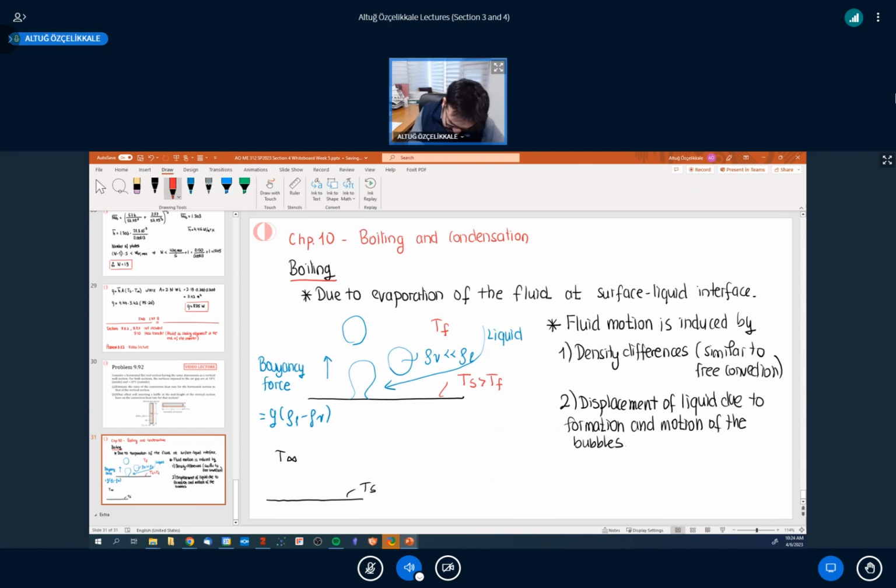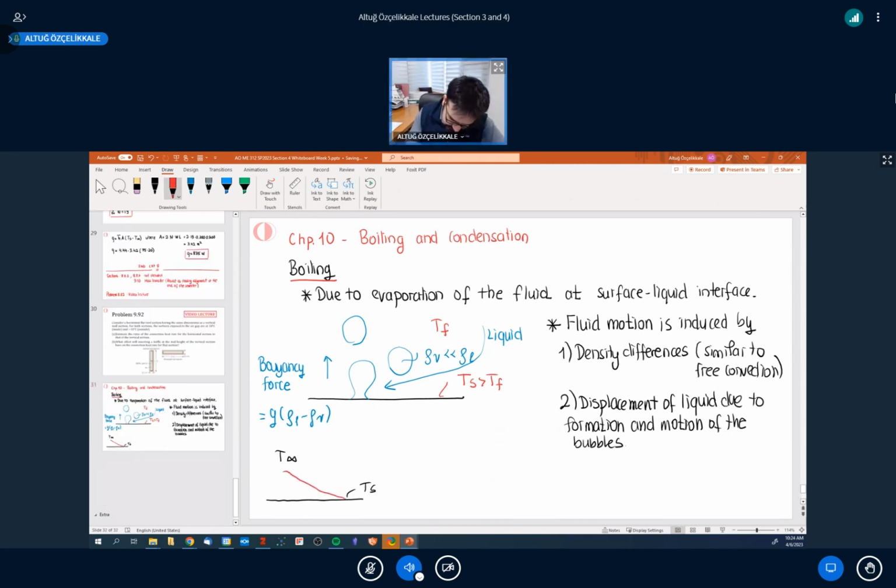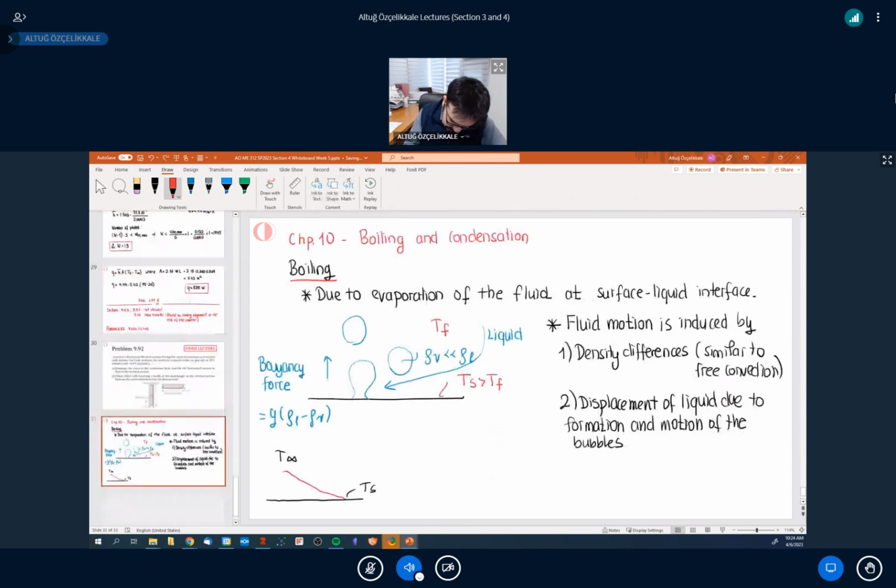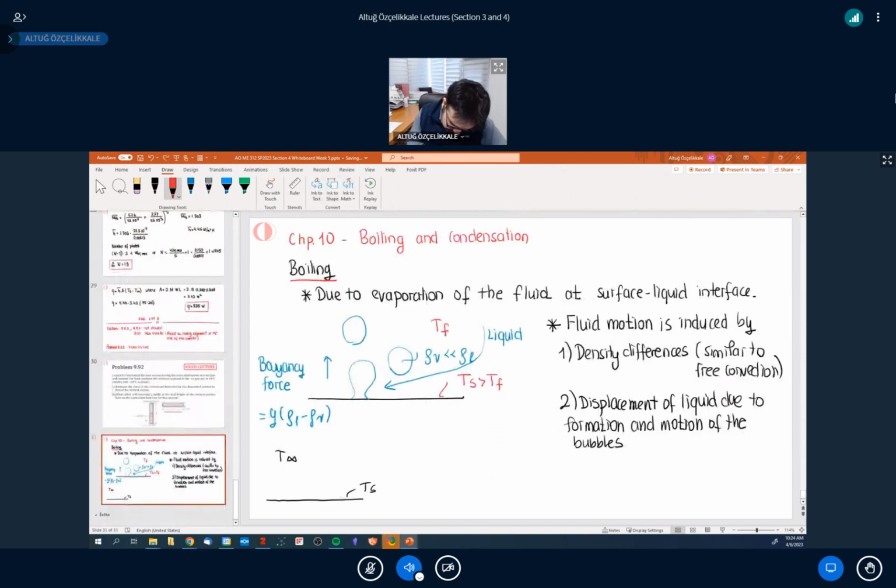If you plot this temperature, it's going to look something like this, and there's going to be some slopes associated right over here. And this is due to the typical treatment that we did, like the free and forced convection happening and the heat transfer due to the temperature gradients.